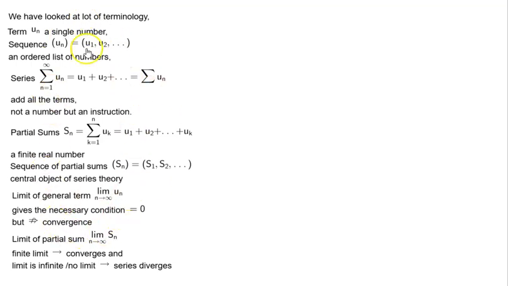Now, in a lot of sessions that we have already covered, we have looked at various methods by which we can figure out whether a series converges or diverges. We have looked at various examples. But at some level, I'm sure that it's a little bit confusing. So let's define a process for finding out the convergence or divergence.